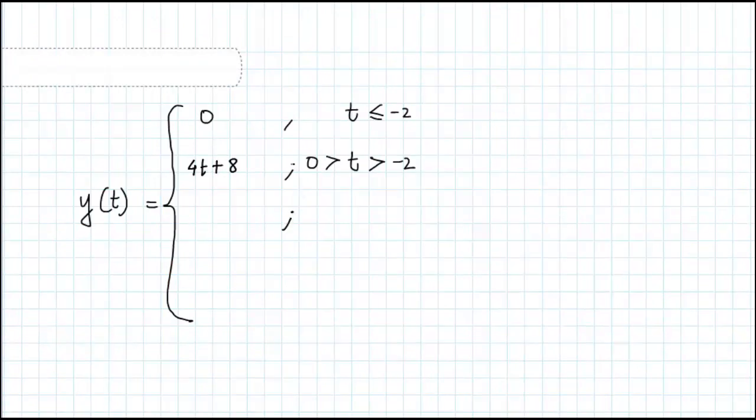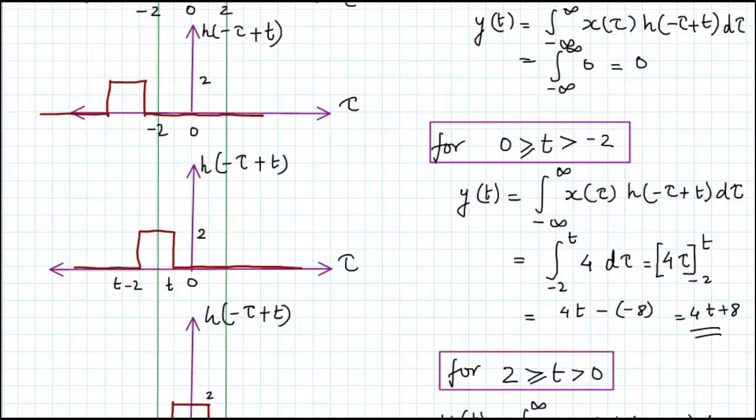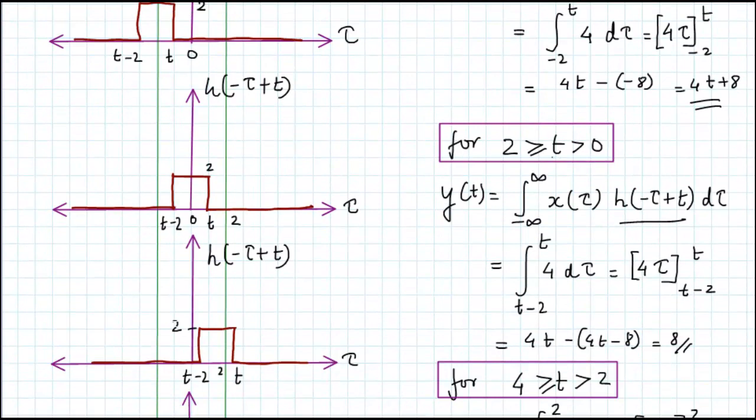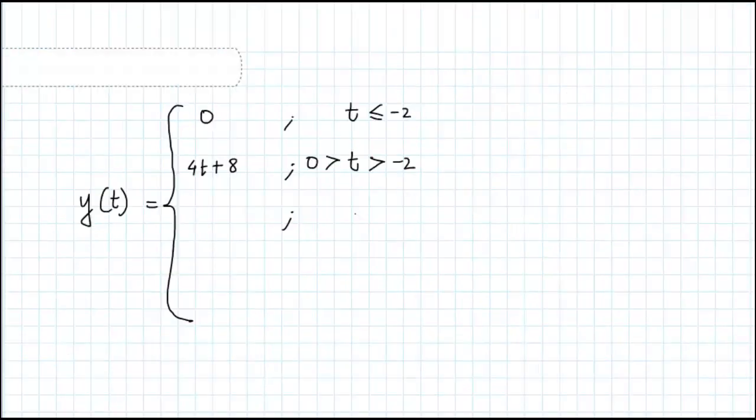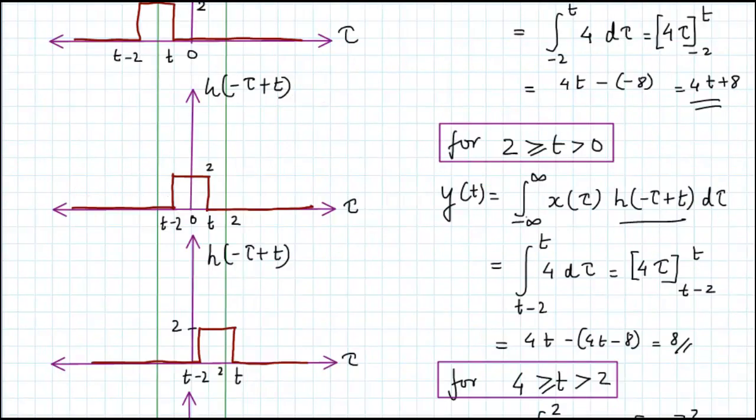Then we will look for the next value, which is basically from 0 to 2. So for t greater than 0 but less than or equal to 2, the condition is that you will get the answer as 8.